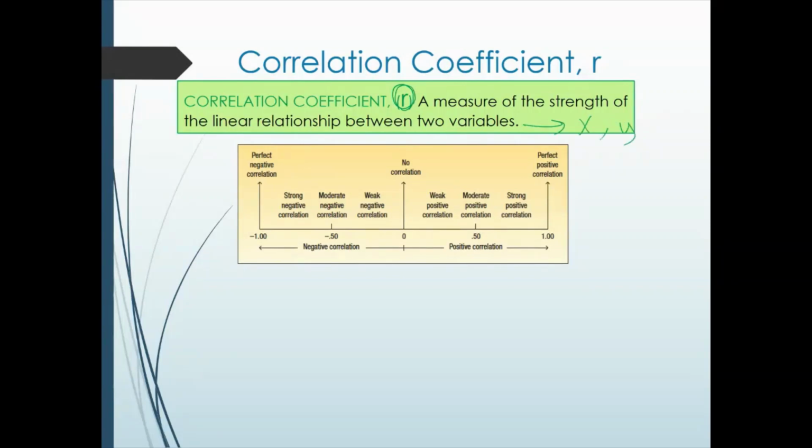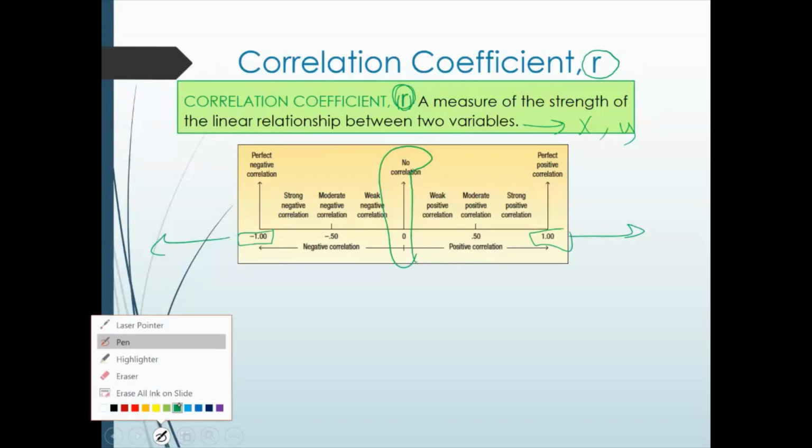Now, the correlation coefficient R goes all the way from -1 to +1. You don't have anything above 1 and you don't have anything below -1. 0 means no correlation.